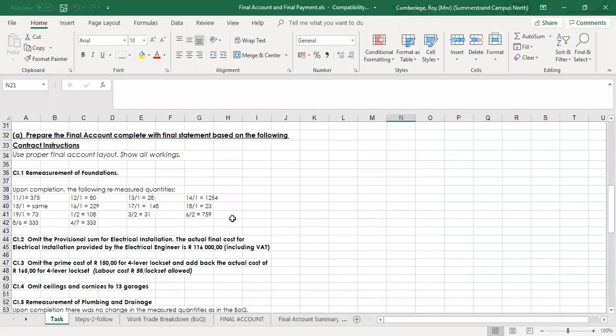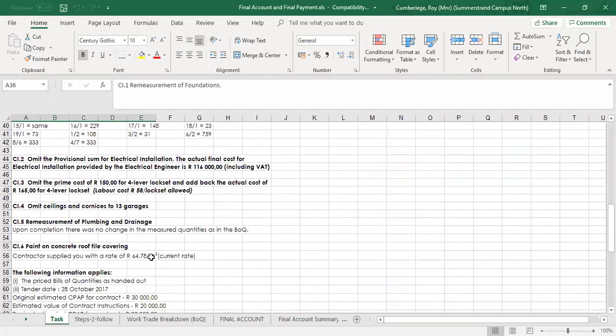Contract instruction number 1 stipulates the remeasurement of foundations. So we're going to omit what we've measured and add. In this example, we've got 6 contract instructions, up to contract instruction number 6, which now asks for the paint of the concrete roof tile covering.